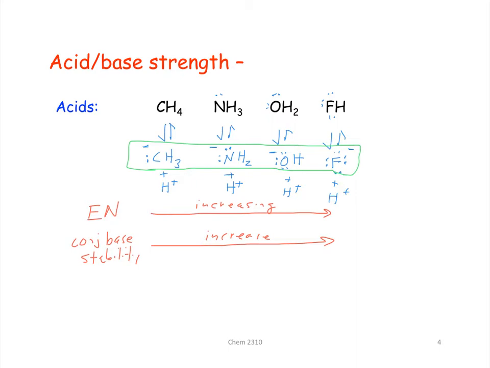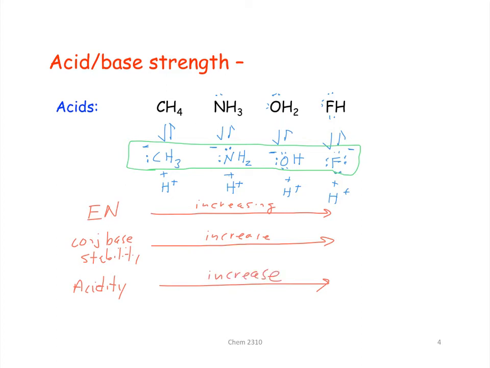So how does that translate to acidity then? We said the strongest acids have the weakest, most stable conjugate bases, right? So that means that HF is the strongest acid here. So acidity is also going to increase from left to right.